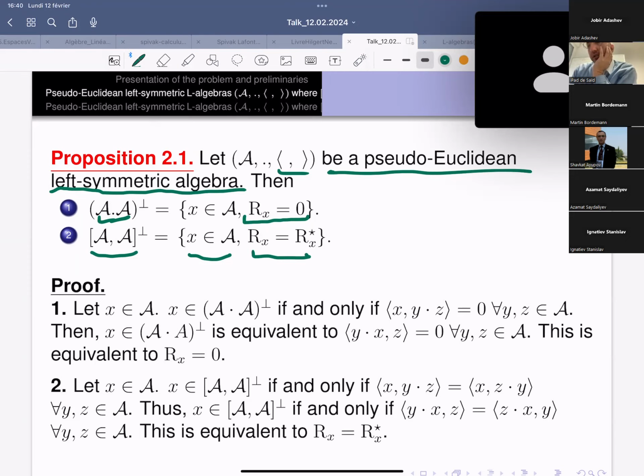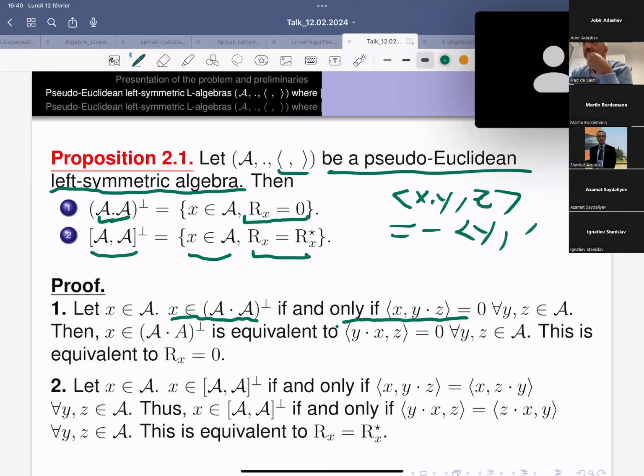We can explain the first assertion. If you have this one here, this one holds if and only if you have this one, and in this case we have a pseudo-Euclidean non-associative algebra. By this definition, we have this one now.